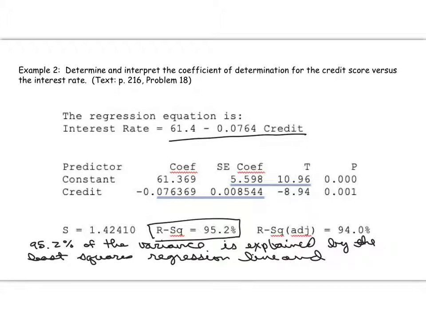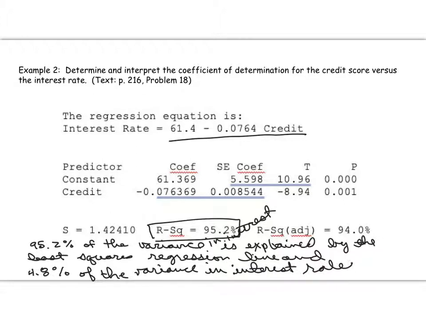And what does that leave? 4.8% of the variance in interest rates. This should say in interest rates, because we have to be specific when we're speaking math. Is determined by other factors.